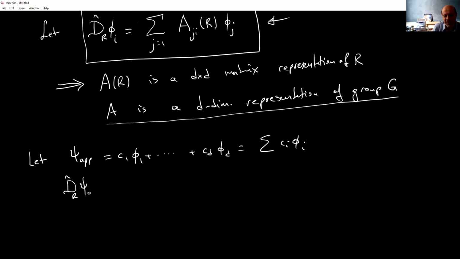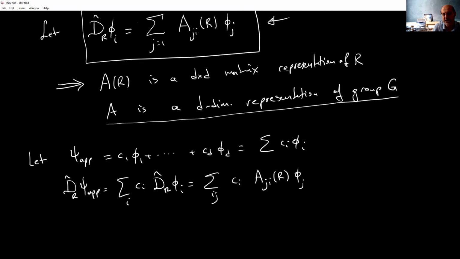Consider the rotation operator applied to this approximate wave function. So this is going to be the sum over i of C_i, D(R) applied on phi_i. Therefore, there's a double summation in here. So that's C_i, then there's an A_ji(R), phi_j.